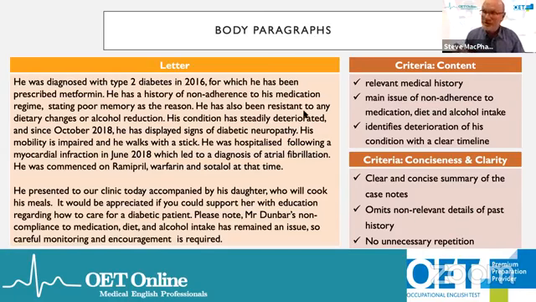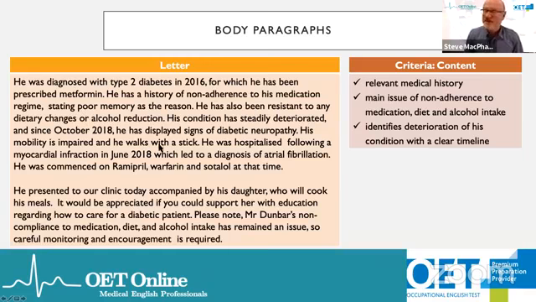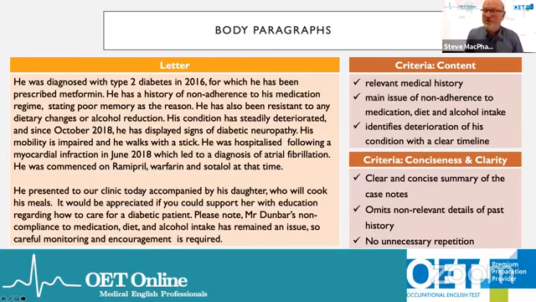We know for alcohol, he likes wine and beer. That wasn't mentioned. We just said he's resistant to dietary changes. So we didn't put the detail there. We didn't talk about what he drinks, his preferred alcohol, but we simply said he didn't want to reduce it. So that's saving us words and helping us write with good focus.